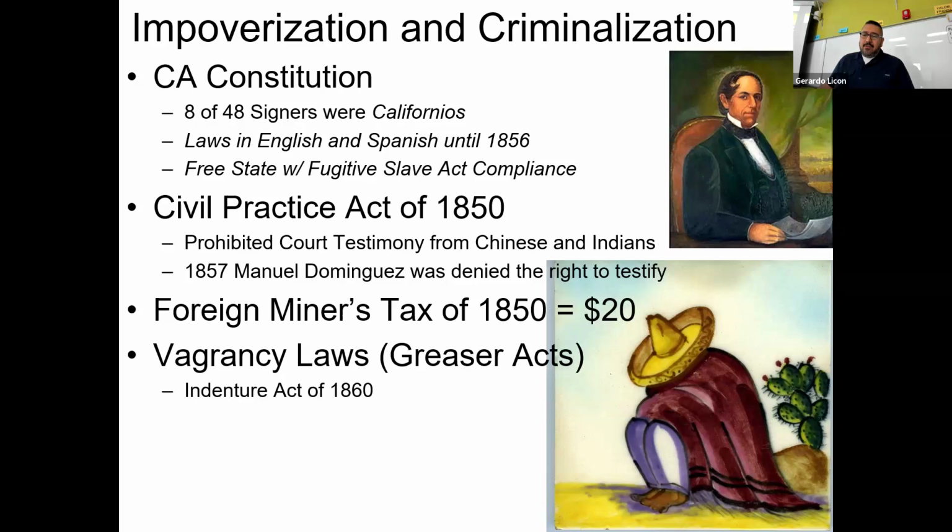They were fully intent on participating and being active in California once it became part of the United States. And they helped make that happen. They drafted a California Constitution, and 8 of the original 48 signers of the California Constitution were Californios, people who were Mexican citizens just 1 or 2 years prior.